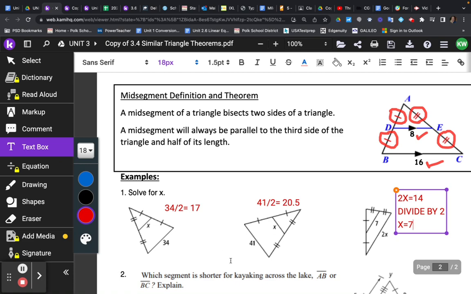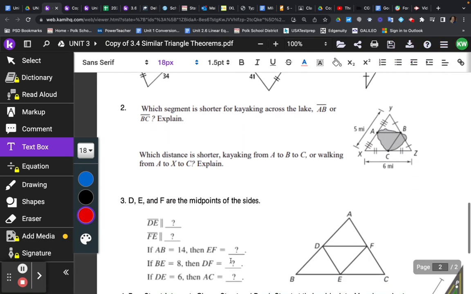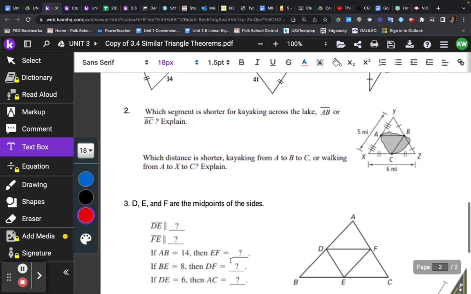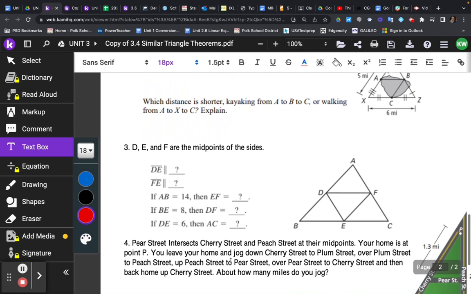Now, some of these other examples down at the bottom will broaden your mind just a little bit, and I want you to make predictions about this.